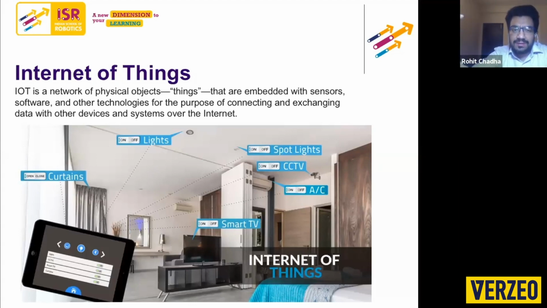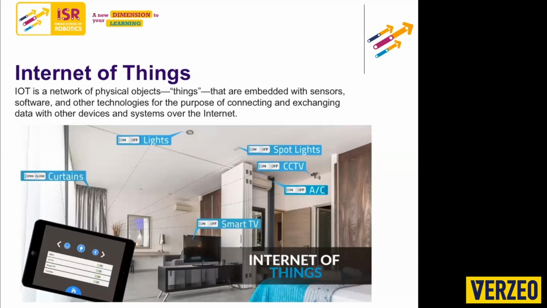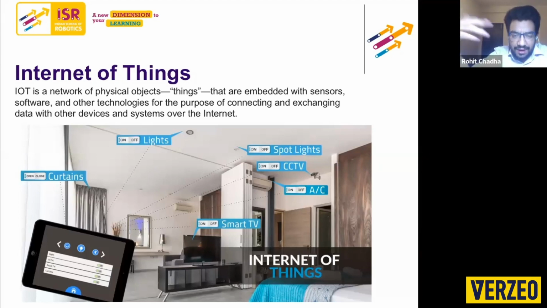These are your appliances at home, like smart TV, CCTV, or AC. All these are connected to the internet, and your mobile also has internet. You have a mobile app which is integrated with your home appliances, and you're able to control them. So this is one of the next things which are coming.